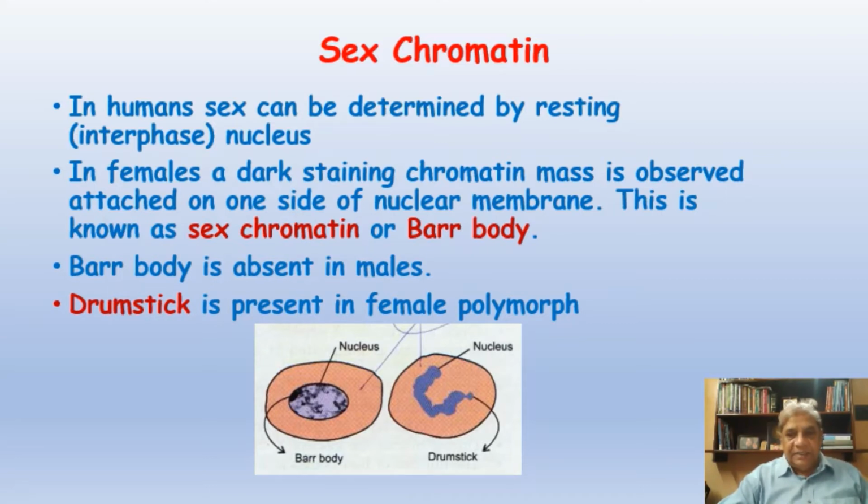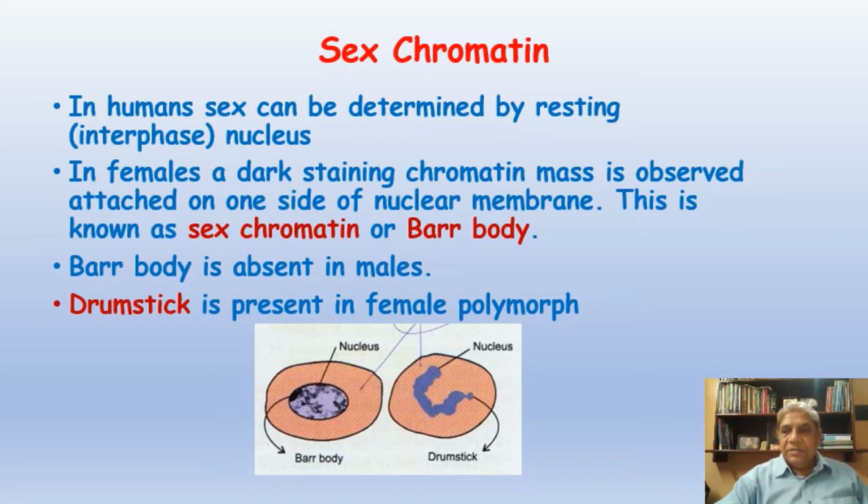So when a cell is resting, when it is in the interphase stage, and if you observe the cell at this stage, then you can see a dark staining chromatin mass. And what is the chromatin mass? It is the nuclear material inside the nucleus which we have divided into two. The dark was called heterochromatin and the light chromatin mass was called euchromatin.